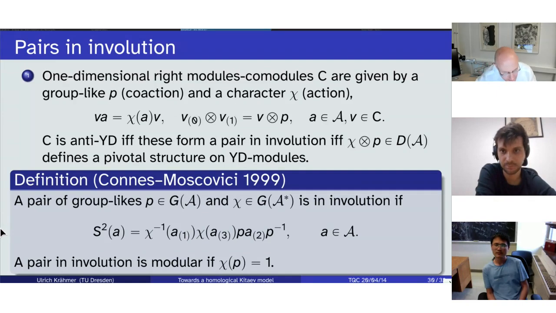Okay. Yeah, basically, in the semisimple case, this Kitaev model and the 11-1 model are related exactly by passing from a Hopf algebra to its representations. And these two models as a TQFT are equivalent.